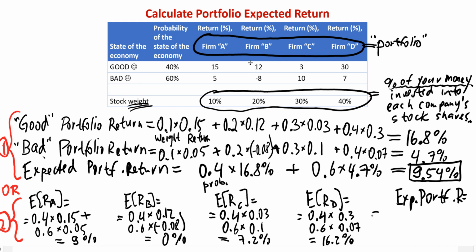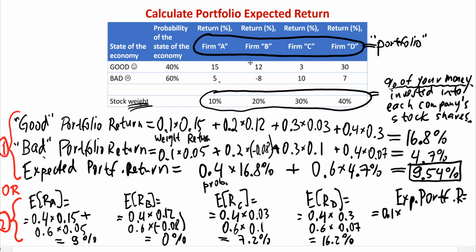Okay, so we do 0.1 times, so 10% of our money is expected to grow by 9% every year, the expected return, right, of 10% of our money.